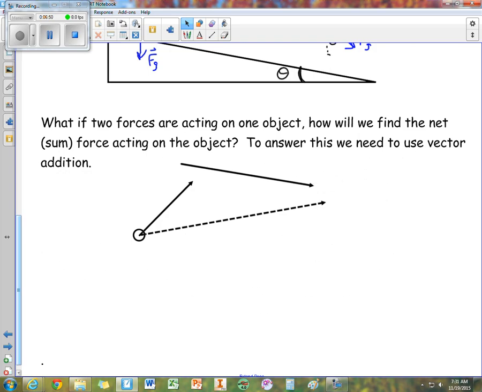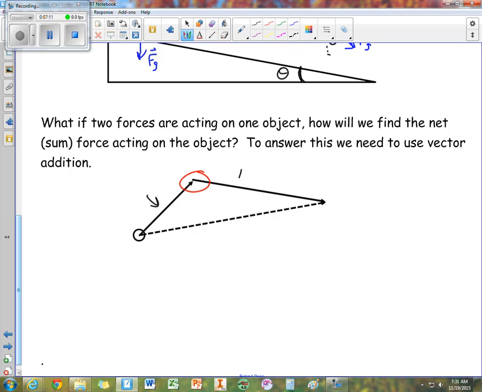So if I were to slide this vector right up to here, notice that when I place these vectors head to tail, I have added those two vectors together. So the sum of these two vectors, here and here, gives me my net force, which I will represent with a sigma sign, because sigma means sum.